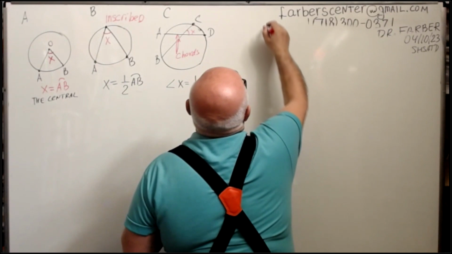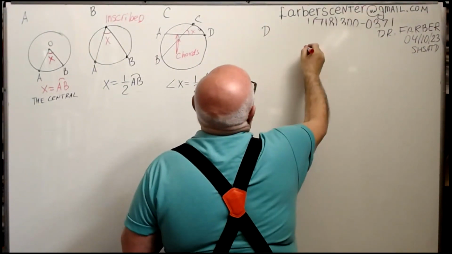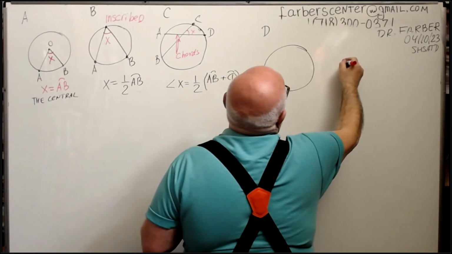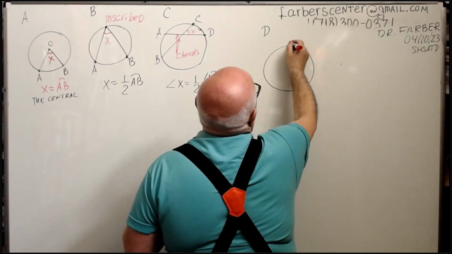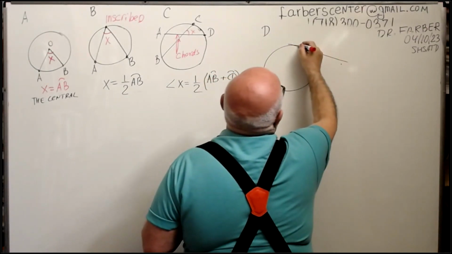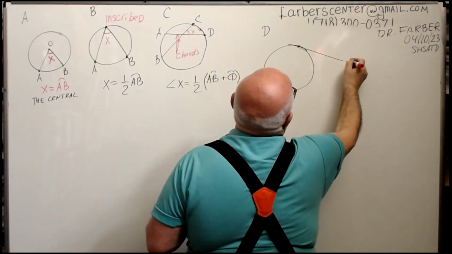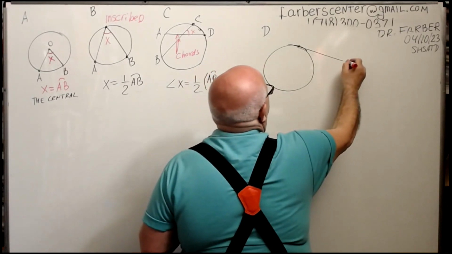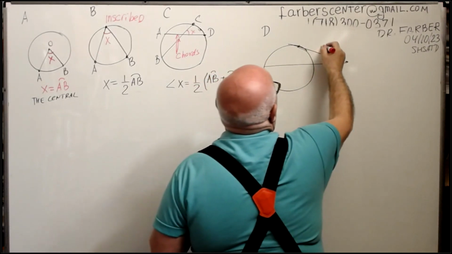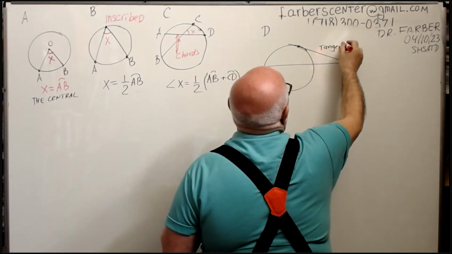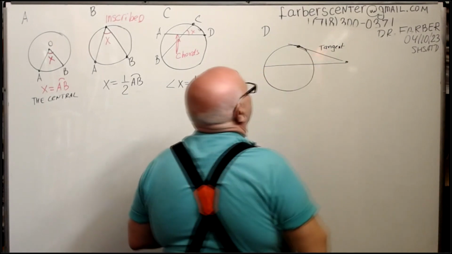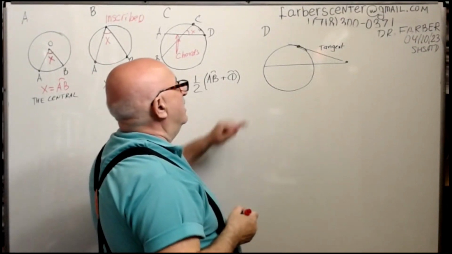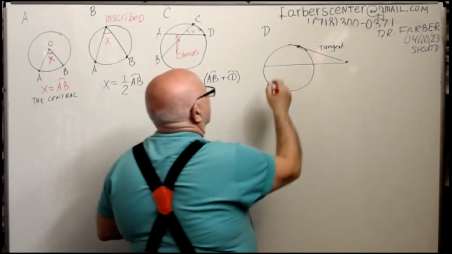Case D. We have a circle. We have a point outside the circle and we make a tangent. This line is touching the circle at one point. And the second line is a secant. This is the tangent. A tangent has one common point with the circle, it is just touching. And a secant is just cutting the circle. This is the secant.